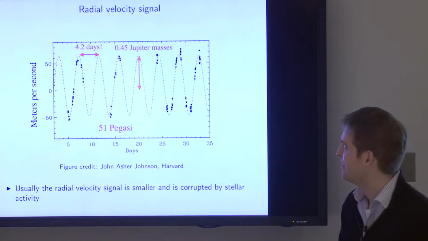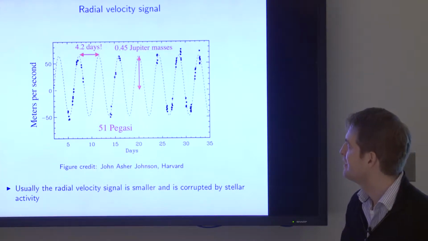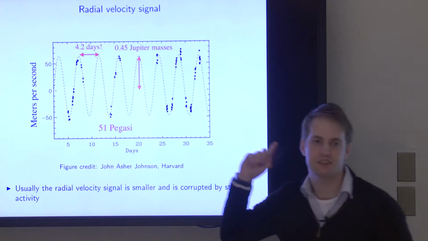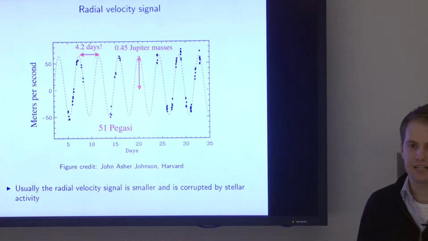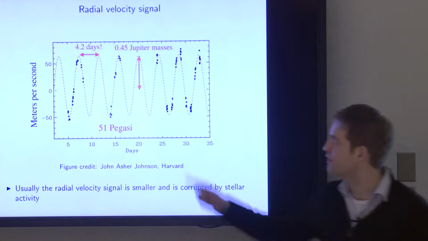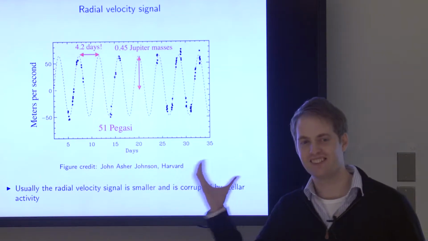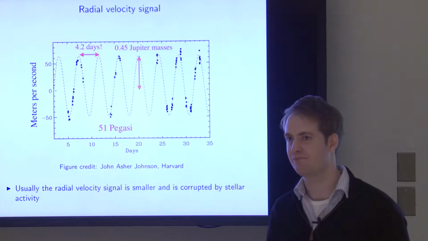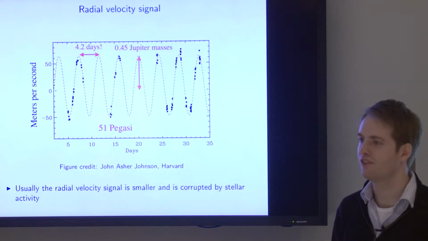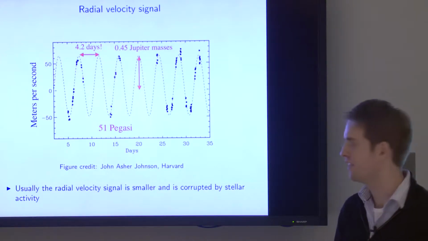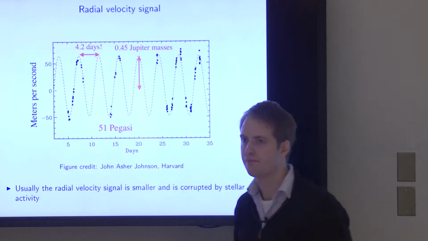I think maybe Eric Feilsen mentioned this, but this planet is about half the size of Jupiter, and its orbit is 4.2 days. So it's almost inside the star. It's very, very close to the star, so there's a lot of gravitational effect, and the signal is very large.